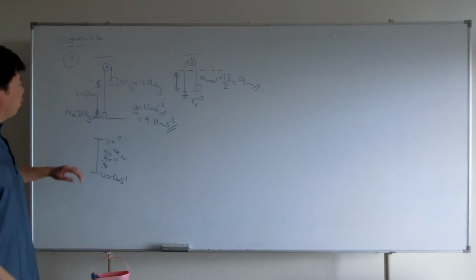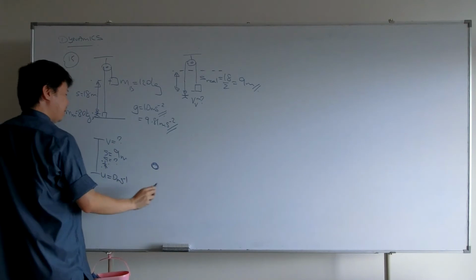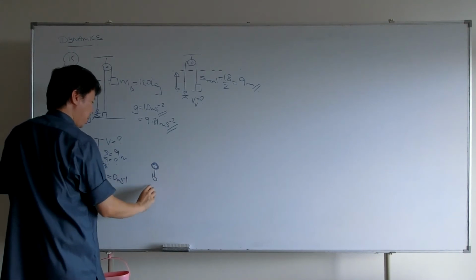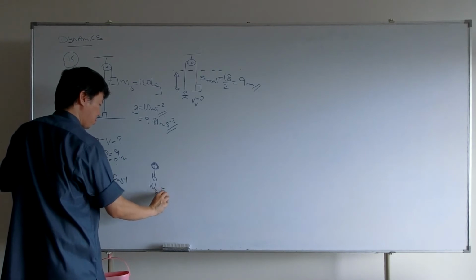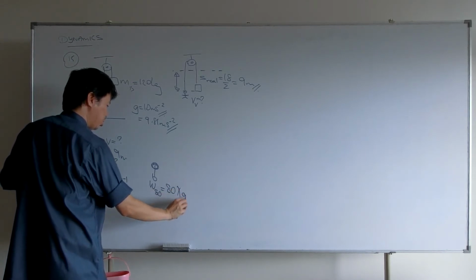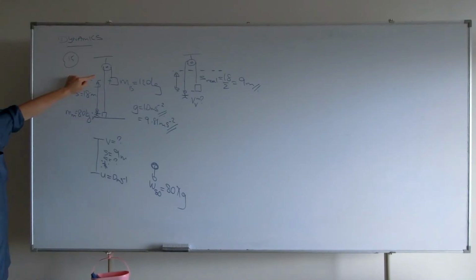So let's draw a force diagram. The man is 80 kilograms. He has a weight of 80 times g. What is happening here? He's being propelled by this object.